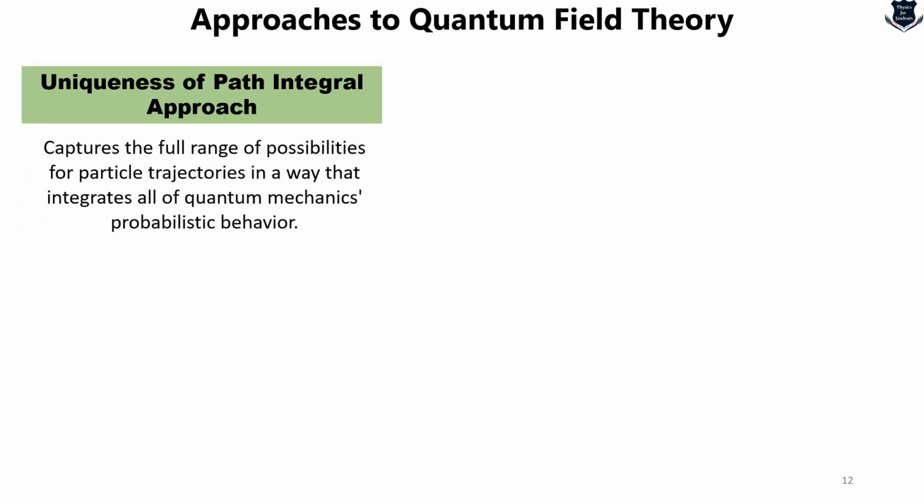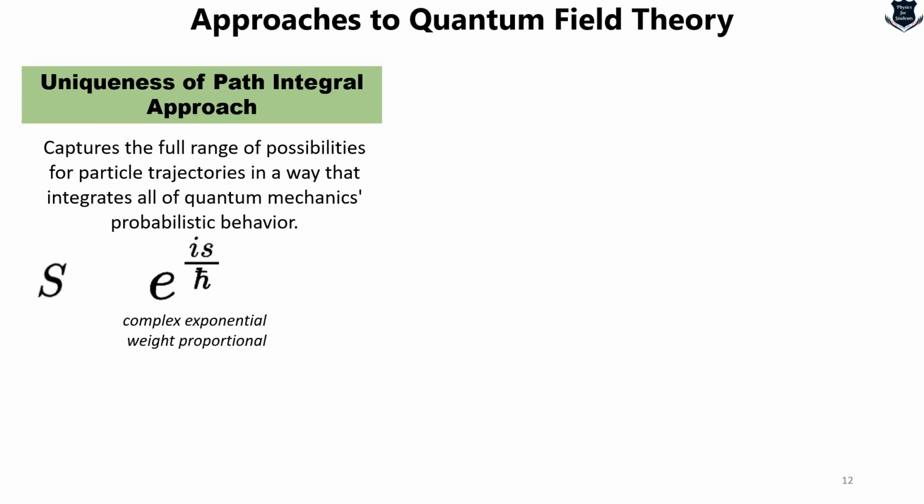What sets the path integral approach apart is the ability to capture a full range of possibilities for a particle's trajectory. The uniqueness of the path integral approach is that it captures all the range of possibilities in a way that integrates all of quantum mechanics' probabilistic behavior. Most importantly, each path is assigned a complex exponential weight proportional to the action S, which I was talking about, and h bar is the reduced Planck's constant.